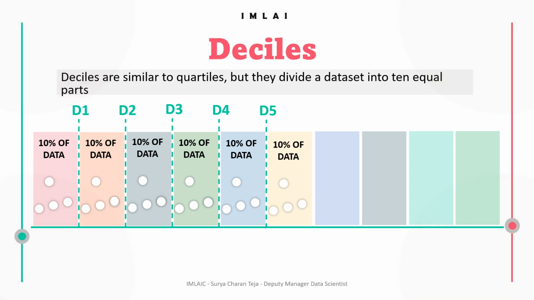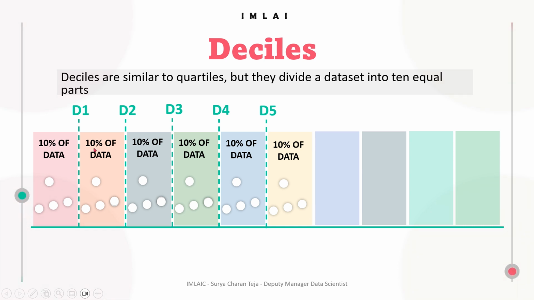If you put it in another way, decile 5 represents 50th percentile. That represents the value below which 50 percentage of the data falls.